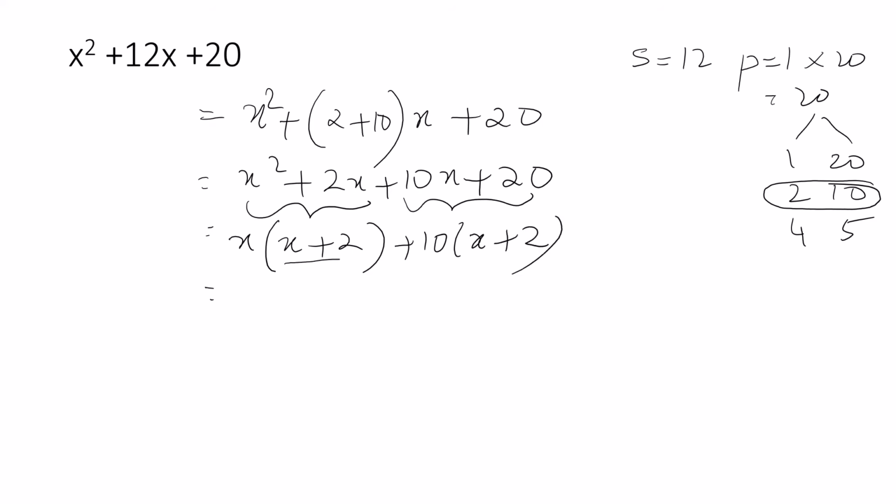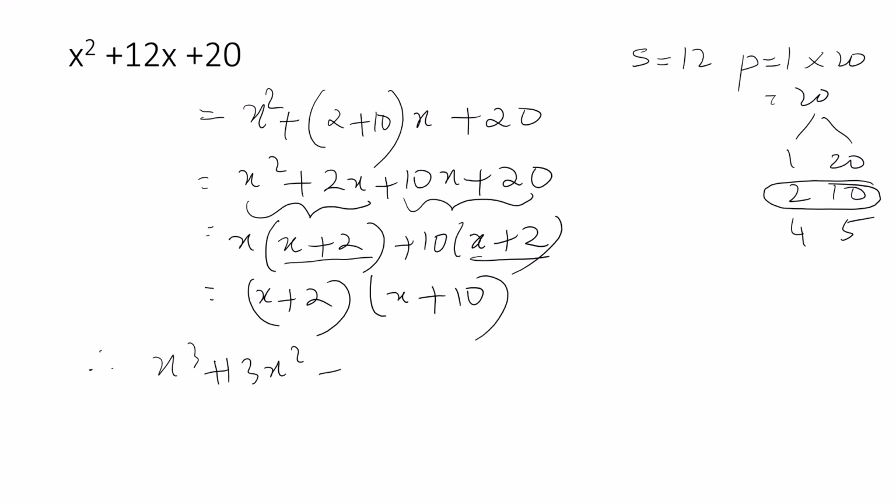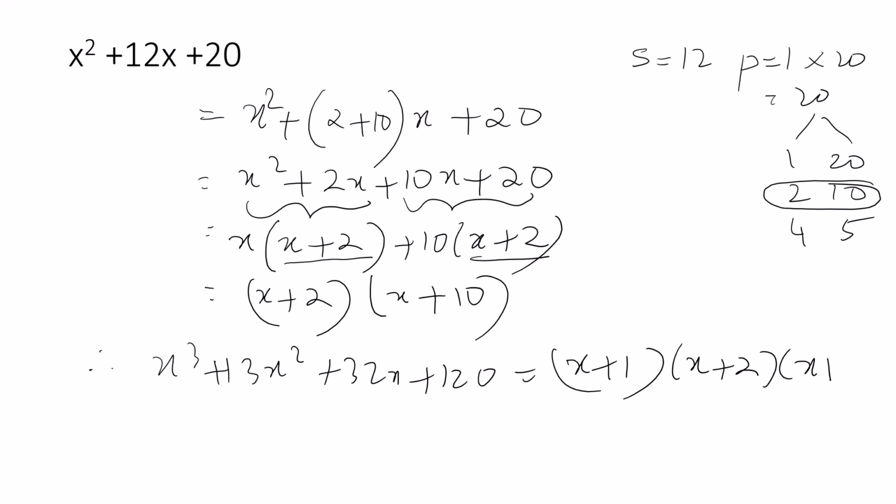And x plus 2 is a common factor, so we take it outside. The remaining will be x plus 10. So these are the factors. Remember, the first factor we got was x plus 1. So we can write x cube plus 13x square plus 32x plus 20 equals x plus 1 into x plus 2 into x plus 10.